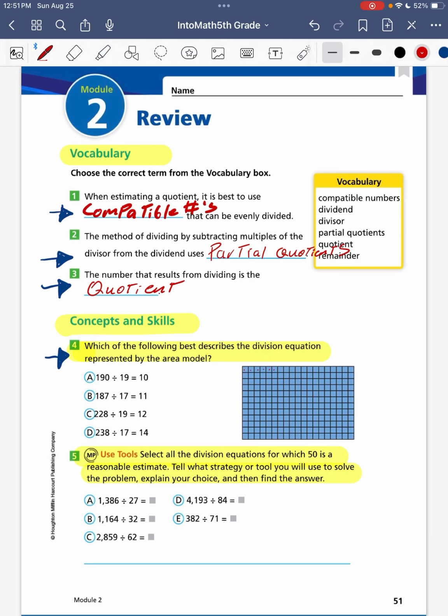So here we have 19 up top times 12. For this problem, we have 19 times 12. Well, 19 times 12 is here in number C for 228 divided by 19 equals 12.